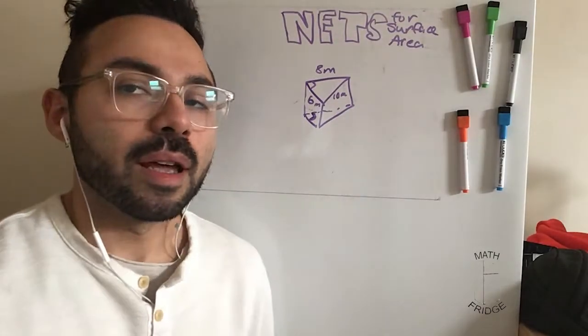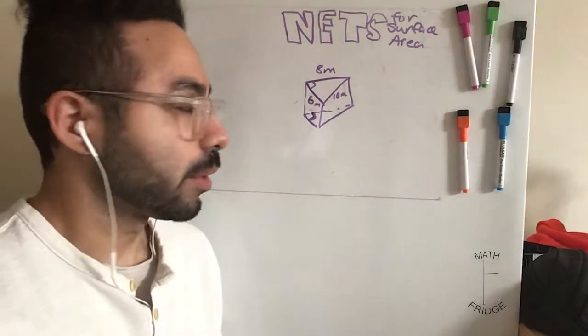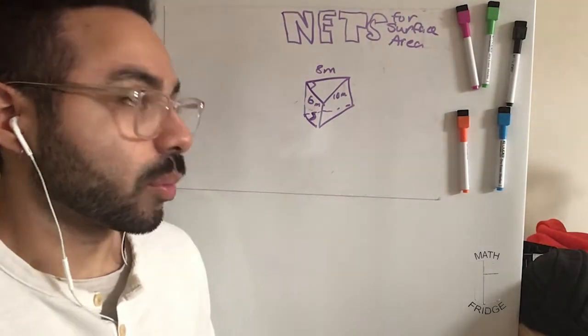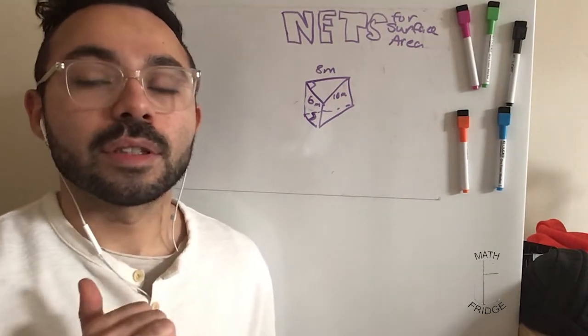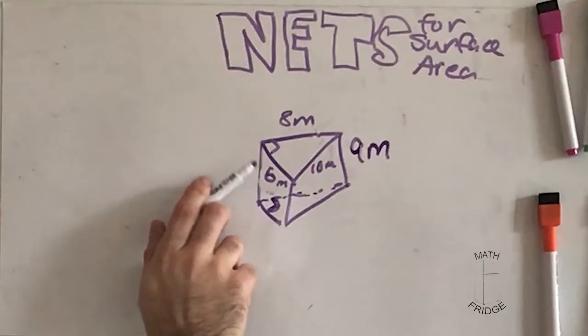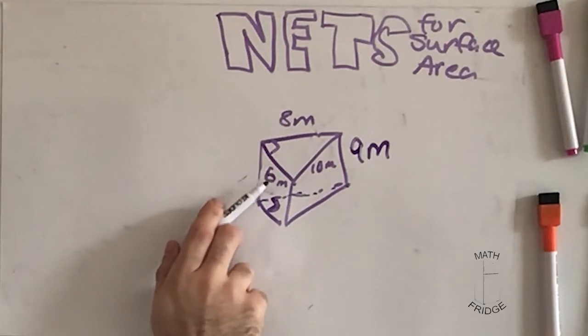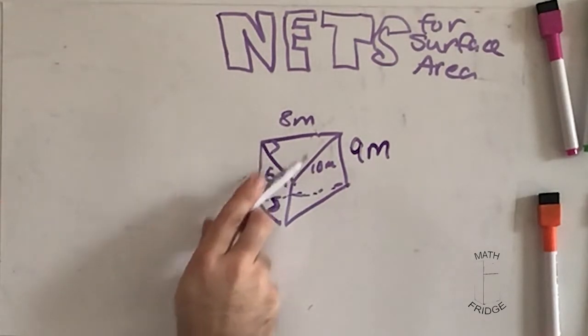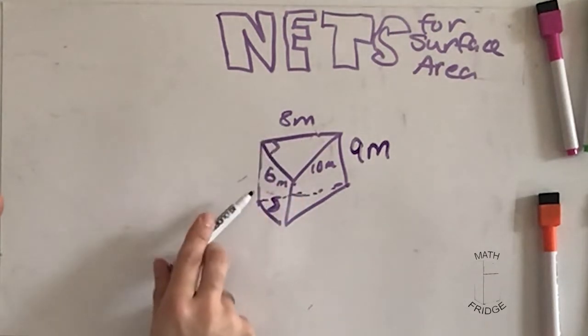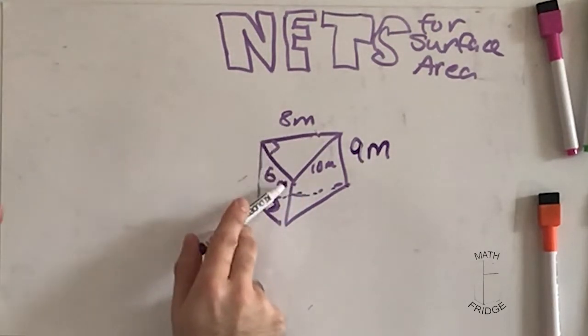To label our net, we're going to look at our triangular prism right here, and we're going to label the top, bottom, back, front, and sides. So I have a 6 meter length right here going in this direction, so this belongs to the bottom of this right triangle, 6 meters right there.